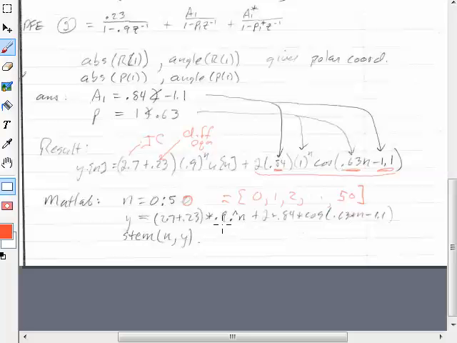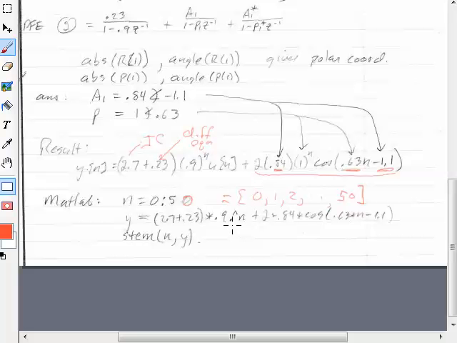If I want to take 0.9 and raise it to a vector, MATLAB invokes some MATLAB theory, and you can't just raise a constant to a vector. What we want to do is raise 0.9 to the 0, and 0.9 to the 1, and 0.9 to the 2, and we want to get a vector that has all of those element by element exponentials.